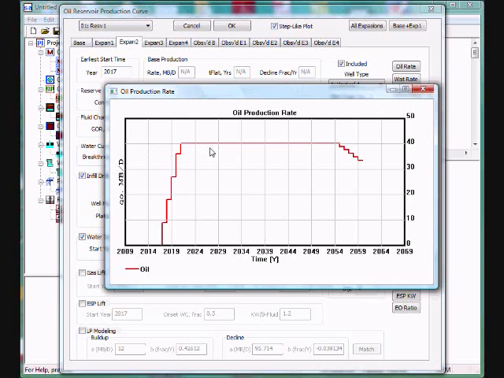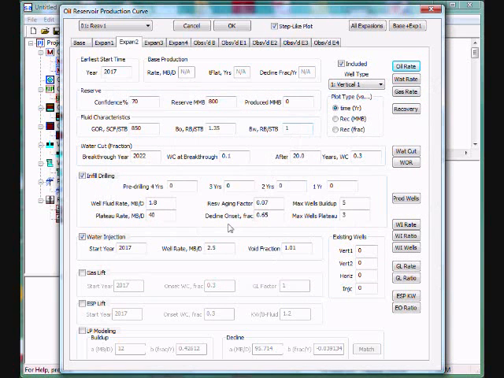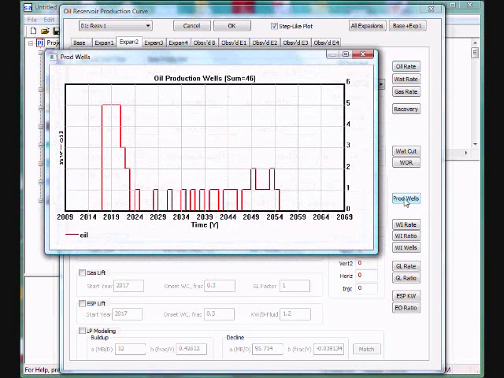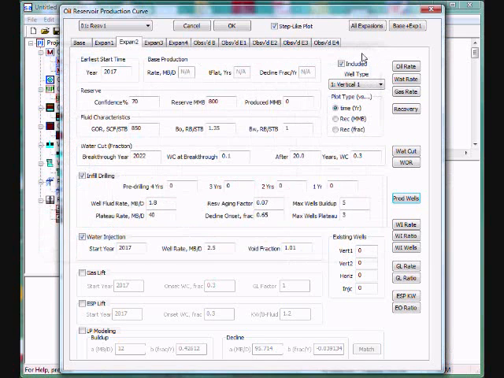So we'll see that the production of expansion number 2 tops at 40 million barrels per day, and then it will start to decline once it reaches the decline onset as a fraction of the recovery. We can see a number of wells that have been defined by the infill drilling option defined in expansion 2, and so on. So we can continue defining up to 4 expansions.